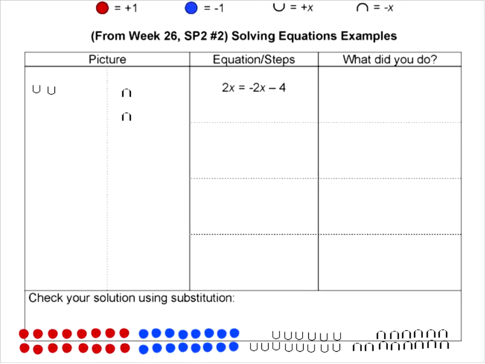And while they're doing that, I just want to point out that this problem is intended to show how to represent -2x with cups. Okay, in the first lesson on solving equations, which was in week 11, students didn't have to deal with a -x term. So be sure that you think about how you want to represent it.